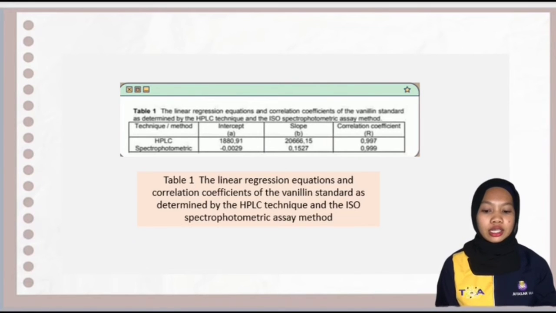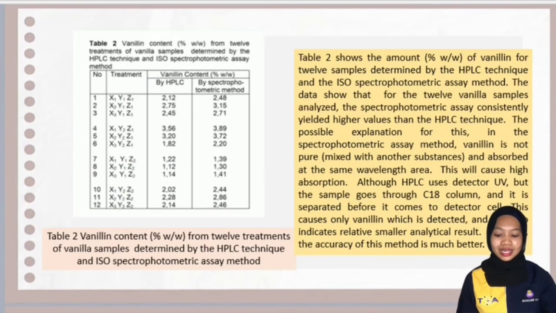As you can see, the results for the HPLC and spectrophotometric techniques give the intercept A, slope B, and correlation coefficient as we can see above. On the other hand, in table 2, vanillin contents from 12 treatments of vanilla samples determined by the HPLC technique and ISO spectrophotometry assay method.